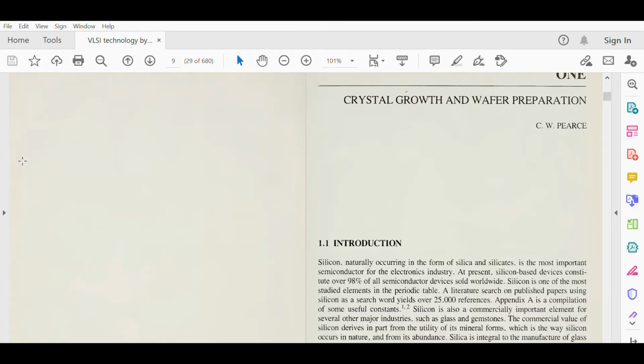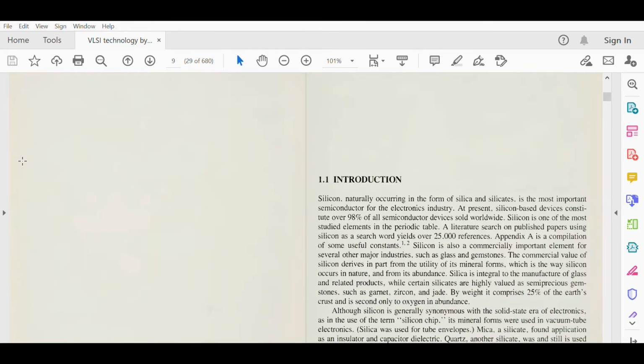The introduction: silicon, naturally occurring in the form of silica and silicates, is the most important semiconductor for the electronics industry. At present, silicon based devices constitute over 98% of the semiconductor devices sold worldwide. Silicon is one of the most studied elements in the periodic table, and it is quoted that 25,000 references have been given to silicon and its study.